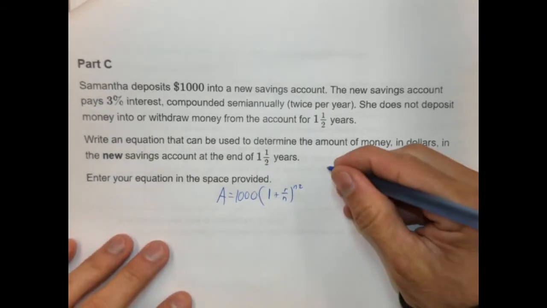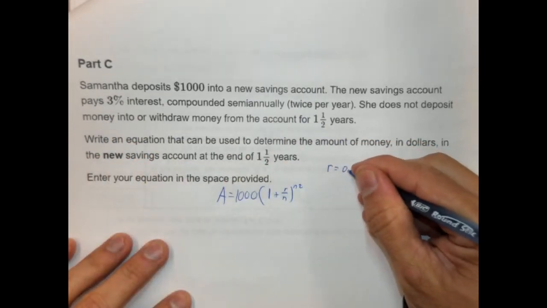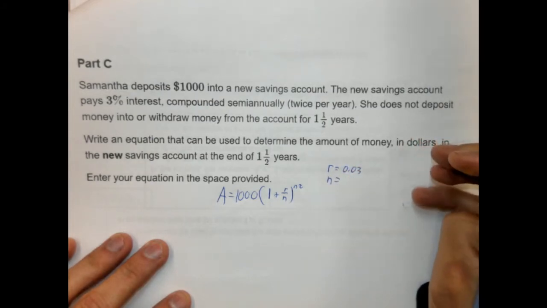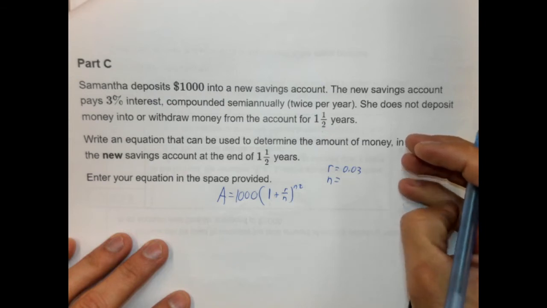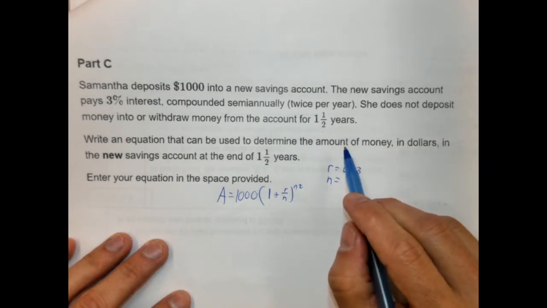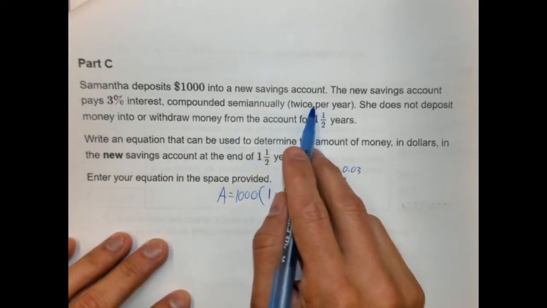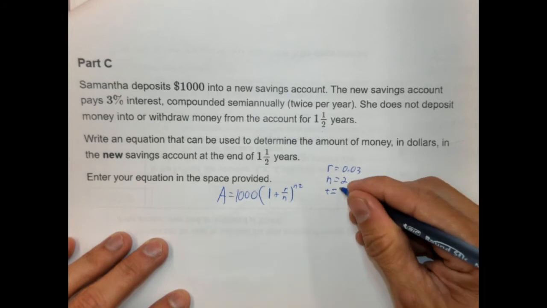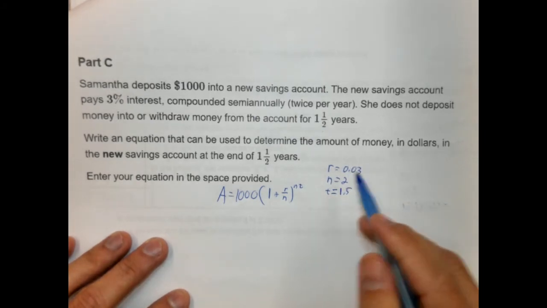Our R is going to be 3%, but as a decimal, so it's 0.03. Our N in this case is 2, because it's semi-annually, twice per year. N is the number of times you do it per year. And T is the time that goes by, so it's going to be 1.5. Okay, so those are our values. We're just going to plug those in.